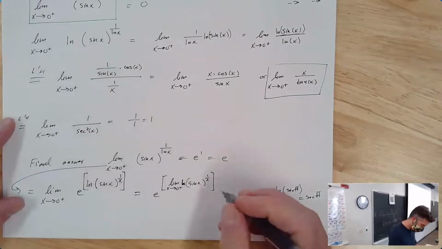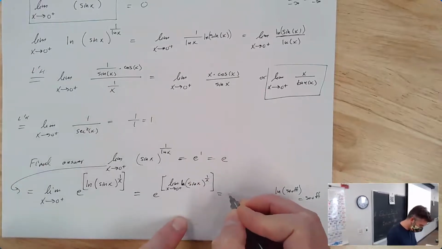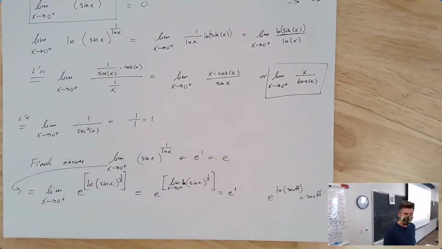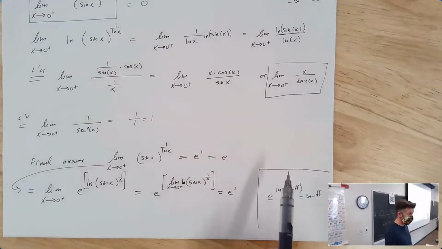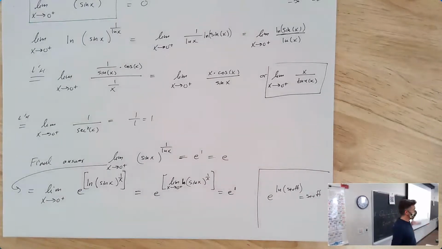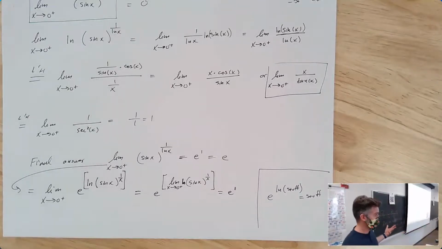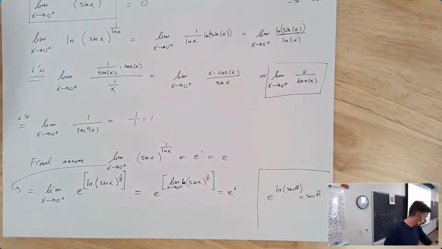So that's 1, but our overall answer is e to the 1. And again, you have choices. You can either do it like I've done it, where you look at the limit of the natural log of your expression, do all the work, get an answer, and then say that your actual answer is e to whatever that number is. Or you can write it all out at every step. So in fact, I'll do the next one the other way to point it out.